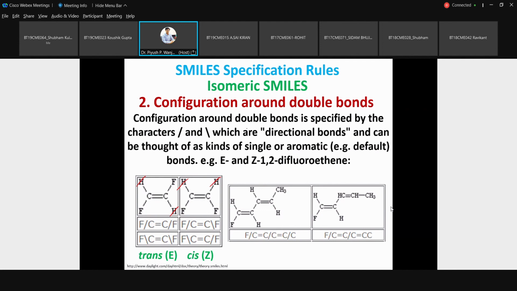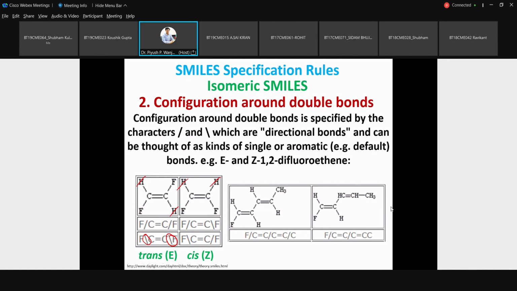So when you want to represent the trans form, you can have the F and then a forward slash, which represents this particular thing. So C, double bond C, and again the forward slash, F. The same thing you can also do with the backward slash, but for a trans form it should have the same way of representing the other bond.